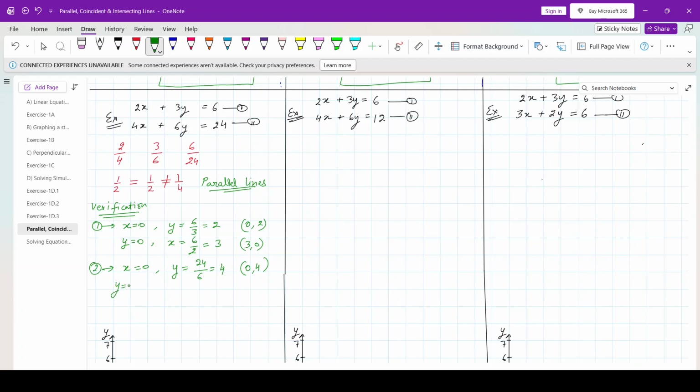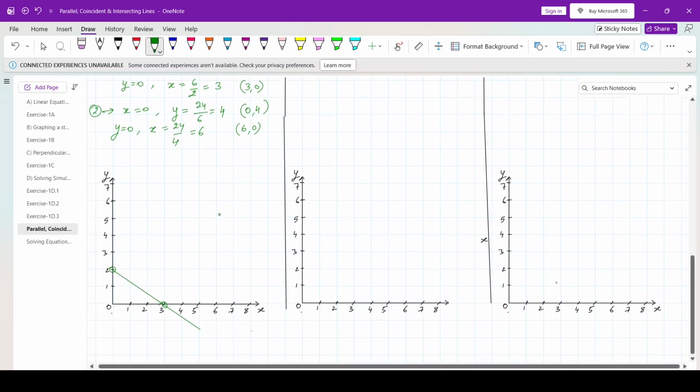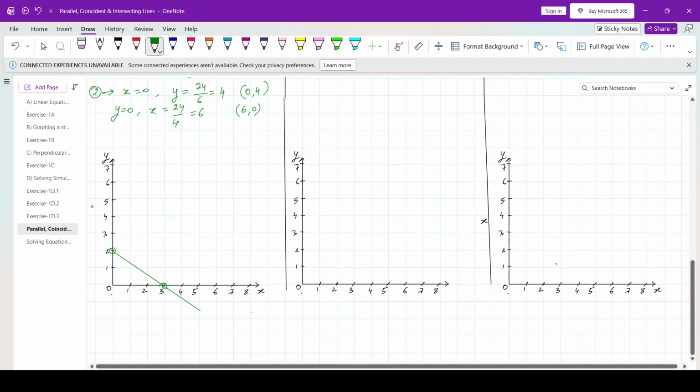And similarly, if we put y is equal to 0, we get 4x is equal to 24. That will be x is equal to 24 divided by 4, that is 6. And the second point will be 6, 0. If we plot these two points, 0, 4 will be here, and 6, 0 will be here.